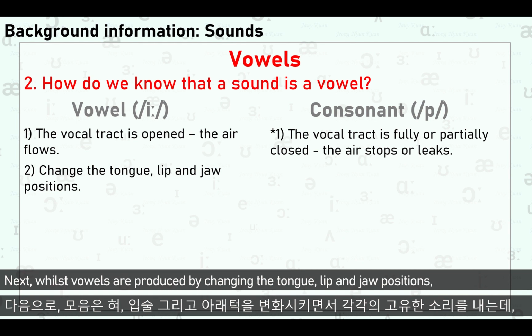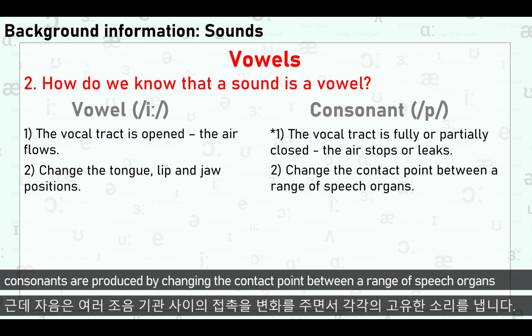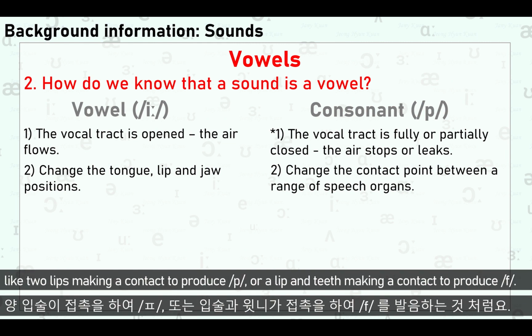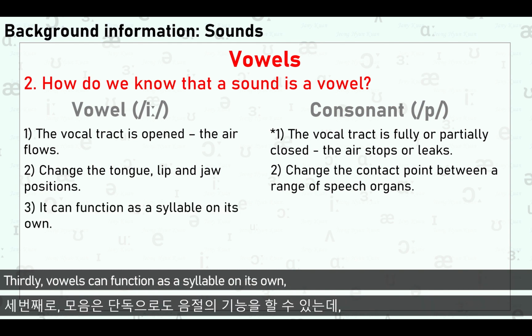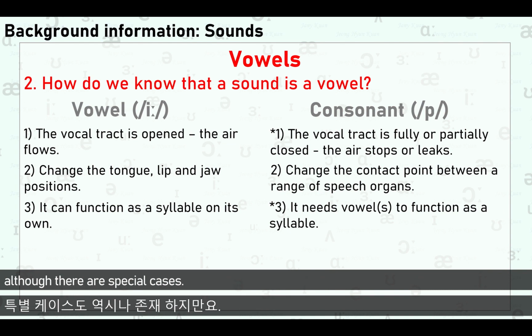Next, whilst vowels are produced by changing the tongue, lip, and jaw positions, resulting in changes of the resonant space, consonants are produced by changing the contact point between a range of speech organs, like 2 lips making contact to produce P, or a lip and teeth making contact to produce F. Thirdly, vowels can function as a syllable on their own, but consonants need a vowel in order to function as a syllable, although there are special cases.